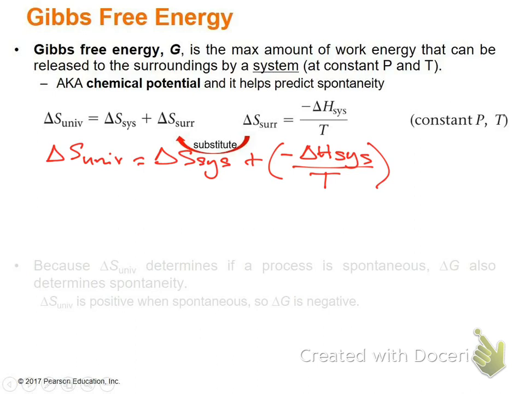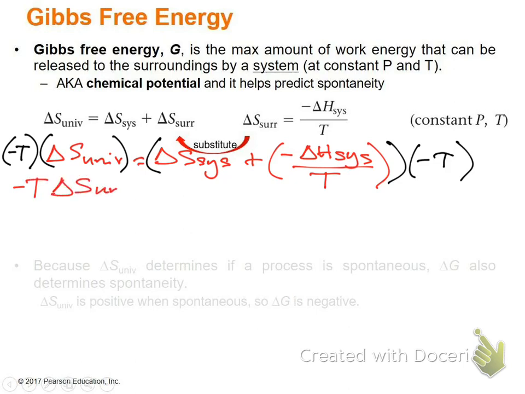We can simplify this equation by multiplying both sides by negative T, so we can get rid of the denominator, which is temperature. Then this becomes negative T times delta S universe equals negative T times delta S system.